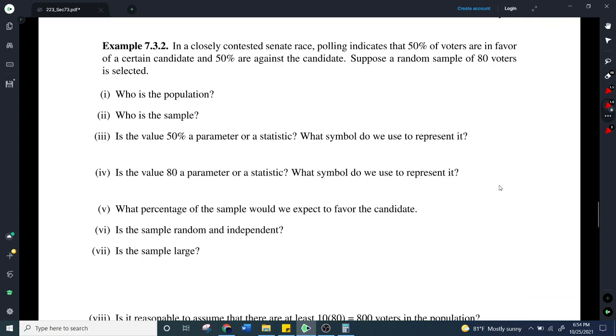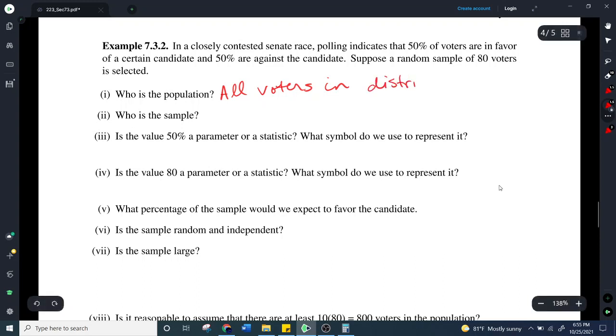It's a Senate race, so I don't know if this is a city or a state Senate or a national Senate. Maybe it's a state. They didn't tell us that. But we know that it's all voters in the district, whatever that is. So our sample is the 80 voters that was randomly selected.